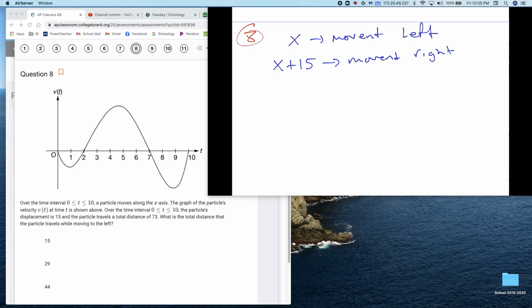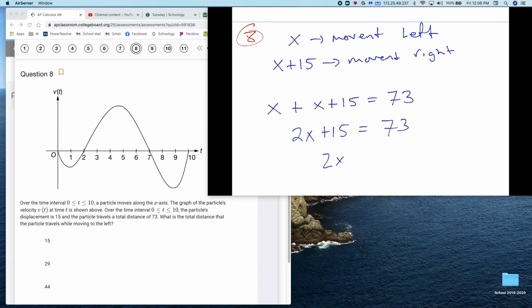Then we say the movement left plus the movement right has to equal 73. So 2x plus 15 has to equal 73.